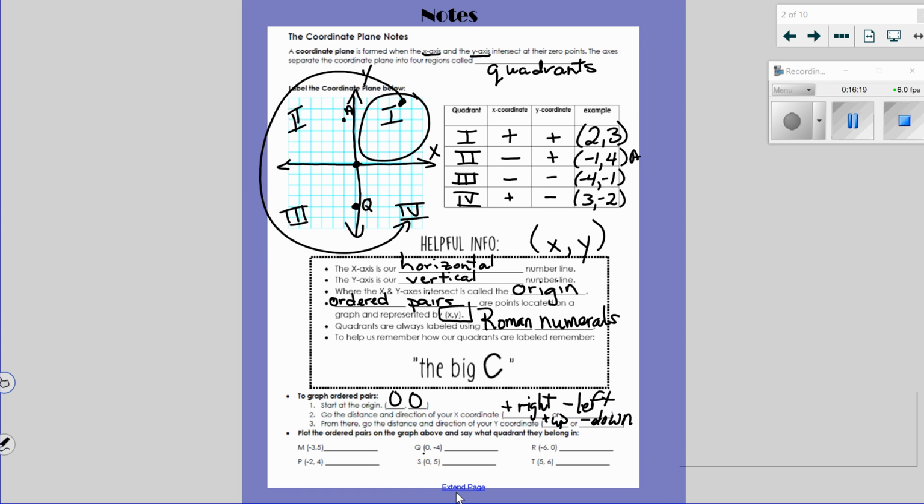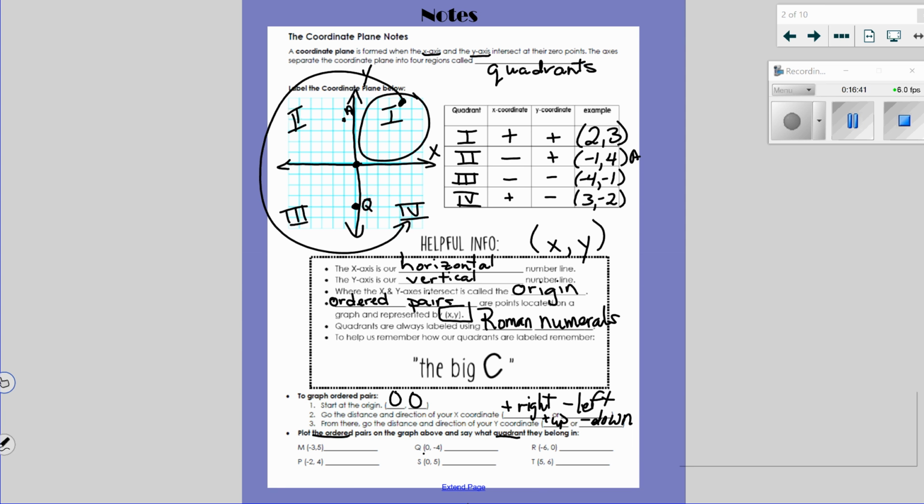Now here's an interesting one. Where is this at? Because it also asks, plot the ordered pairs and say what quadrant they belong to. What quadrant is that in? Emma? No? It's right in the middle. Good job, Micah. So what is right in the middle?